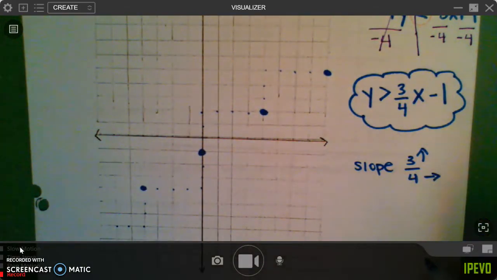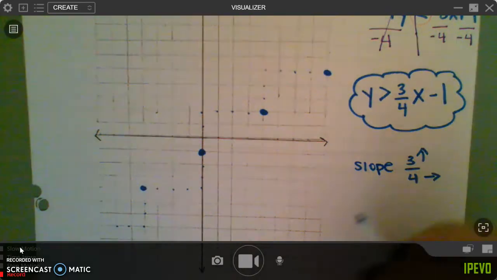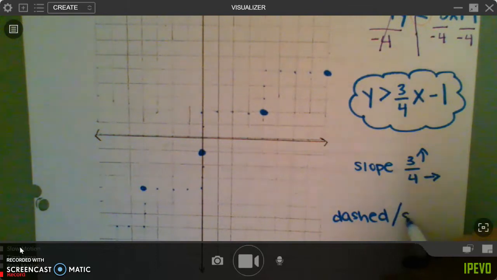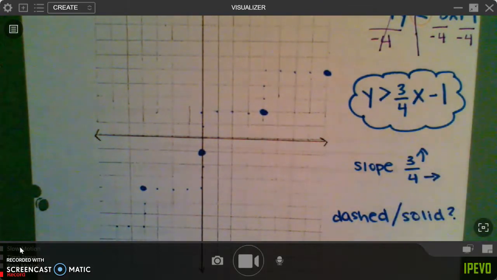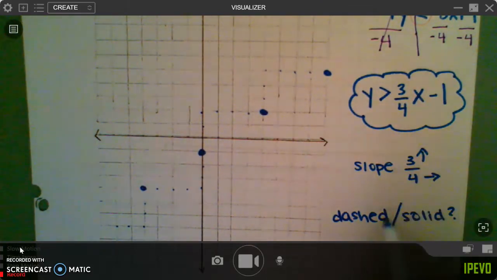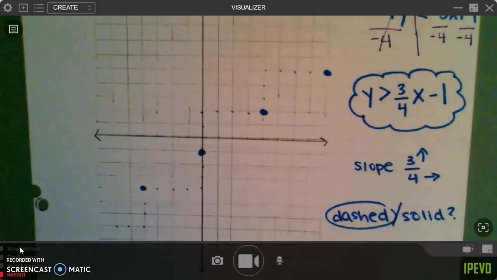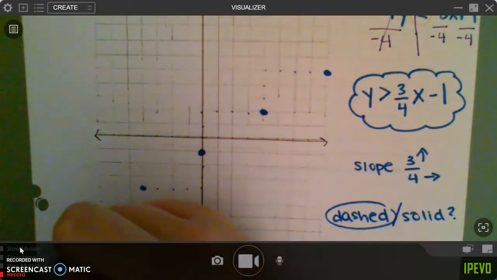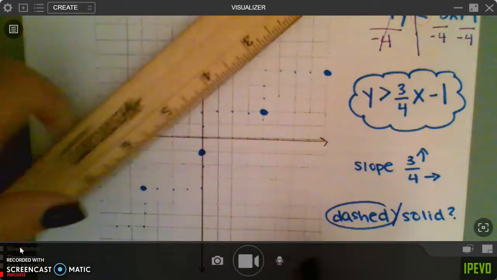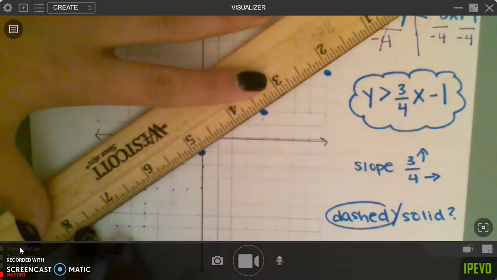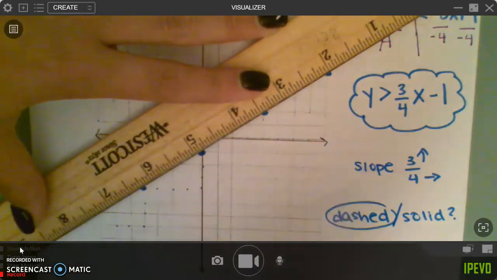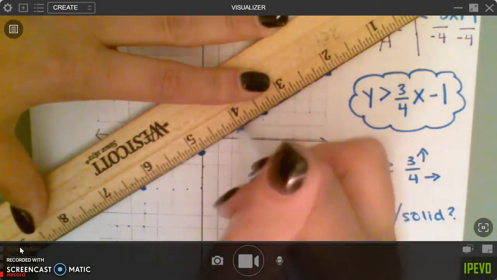However, I need to ask myself, dashed or solid? You should say dashed because there's no line under the symbol. So when you connect your dots, you should dash them.